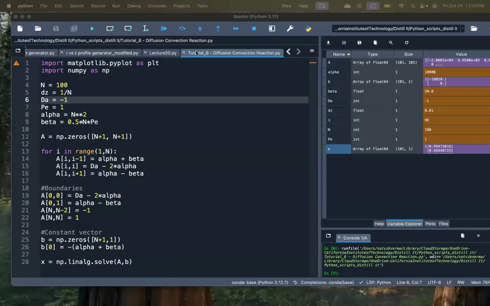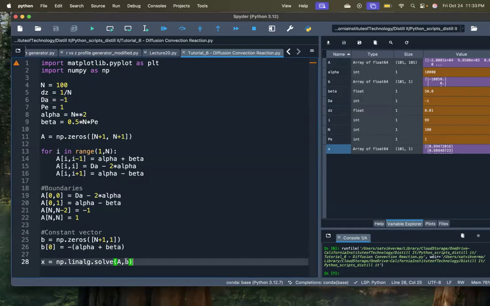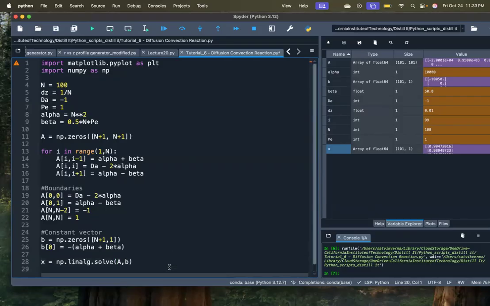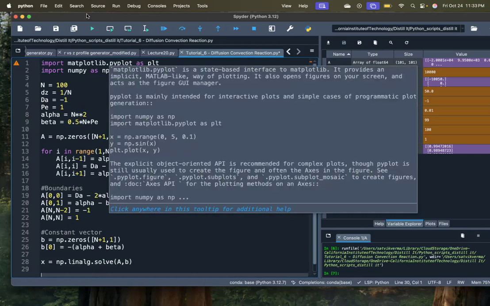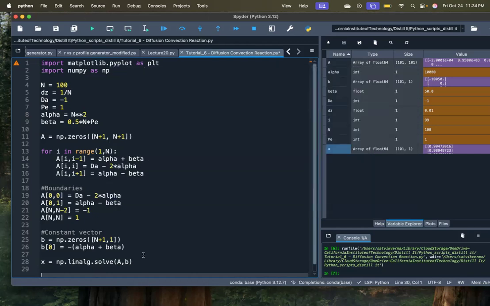So we have this as my X. And now remember, what we have is C1, C2, C3, C4 till Cn plus 1, which was the fictitious point. All we want is the profile till n, because n plus 1 doesn't really exist. That's a fictitious point that we took.